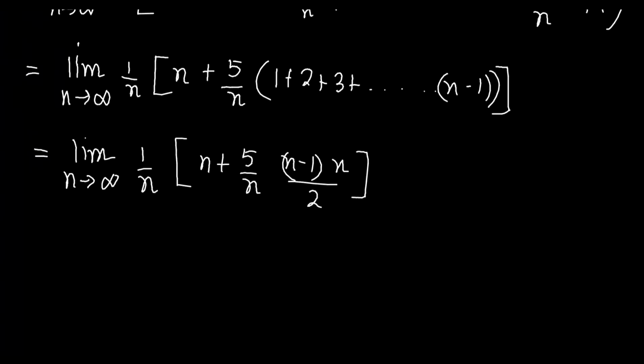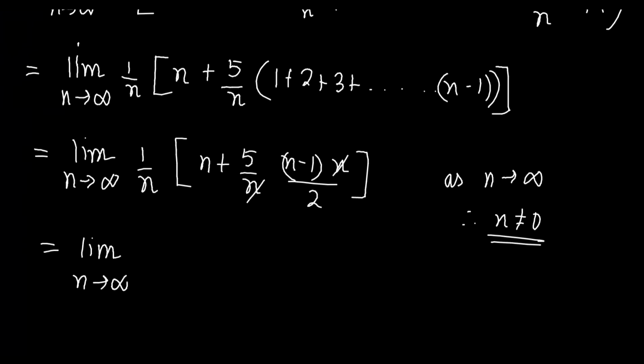Okay. Now here n is getting cancelled, as n tending to infinity, therefore n is not equal to 0. Okay. Now this is actually limit n tending to infinity, 1 by n outside, that is n plus 5 into n minus 1 by 2. Okay.